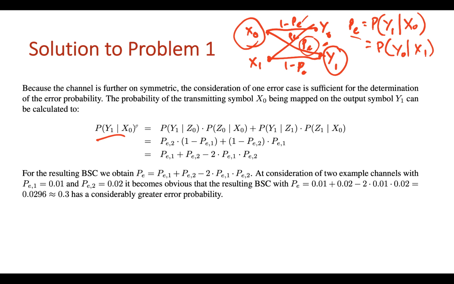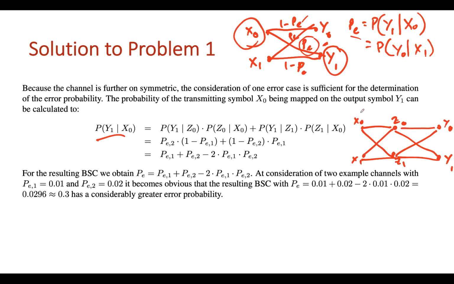So let's see what is the probability of y1 given x0. If you look into the breakup of this channel into two, with the intermediate outputs z0 and z1 and then y0 and y1, the probability of y1 given x0 can happen in two ways.